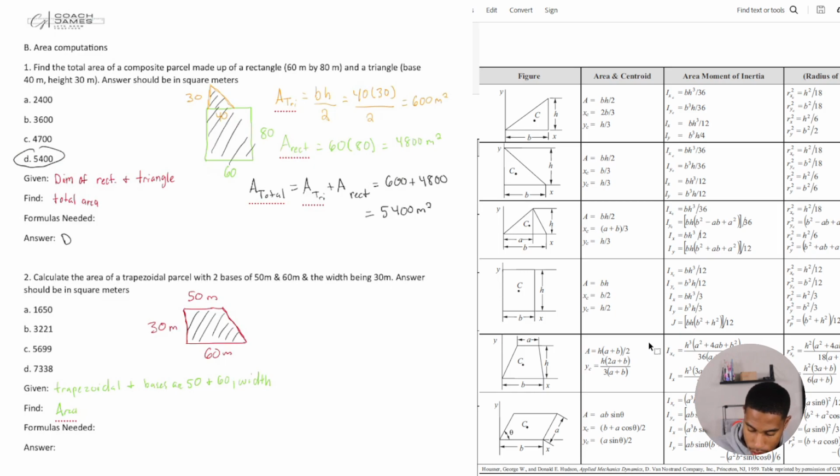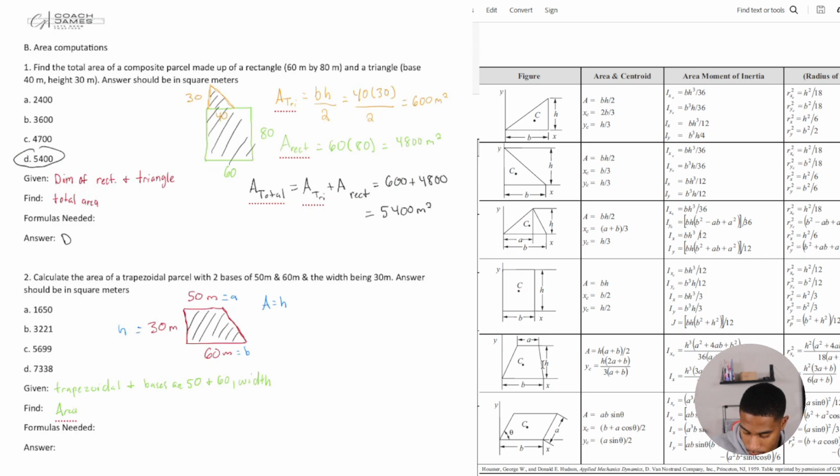So we'll say 50 meters equals A, 60 meters equals B, according to the diagram that we're comparing it to, and then H equals 30. Okay.